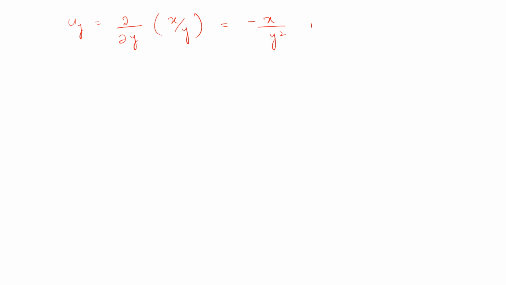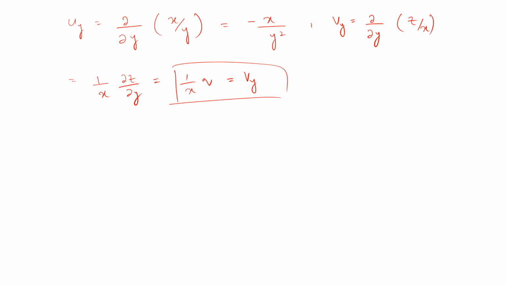And now we will find vy. So vy is again the partial derivative with respect to y of z over x. We'll treat x as a constant, so I can write it as 1 over x, and then partial z over partial y, which I can also write as q. So this is our vy.